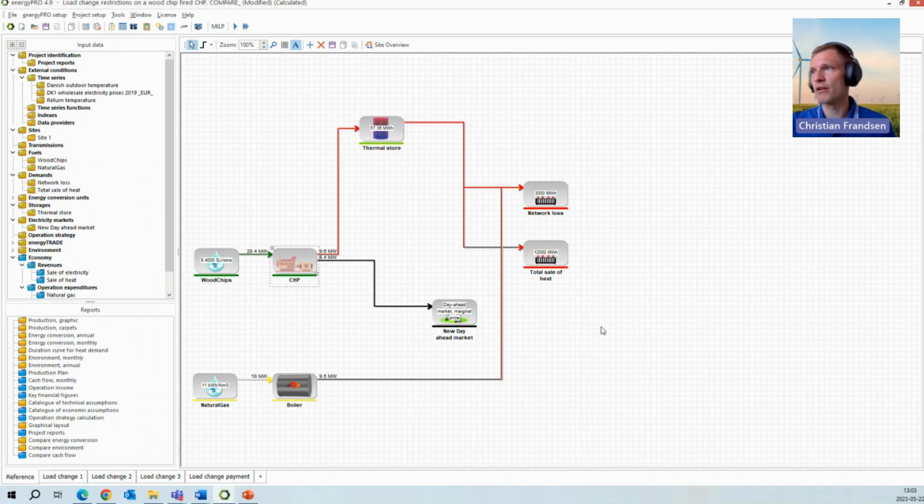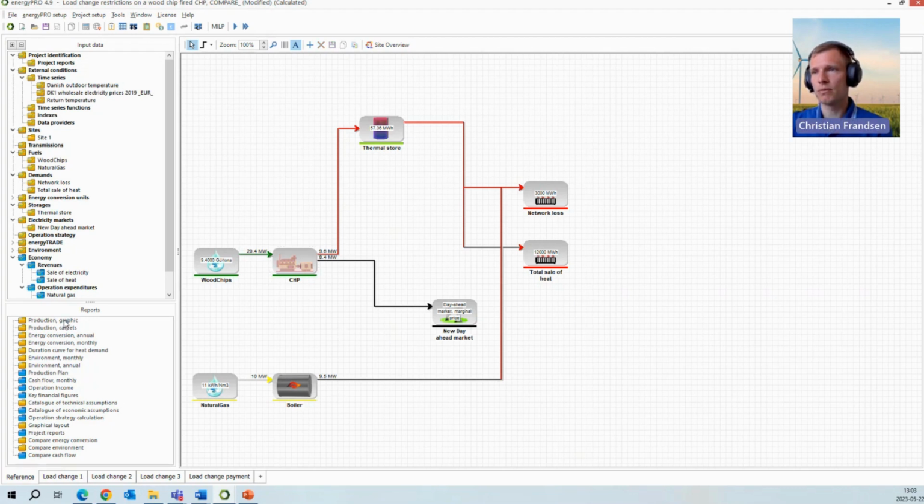But maybe first of all, I should just mention what we have in this project. We have, as I mentioned, the wood chip fired CHP. Then we have a thermal storage and a heat demand, an electricity market, and a natural gas-fired boiler.